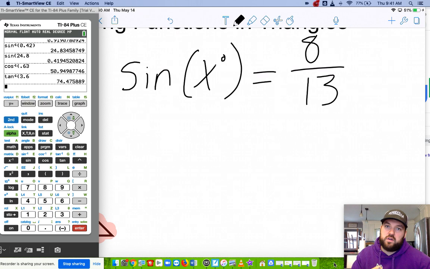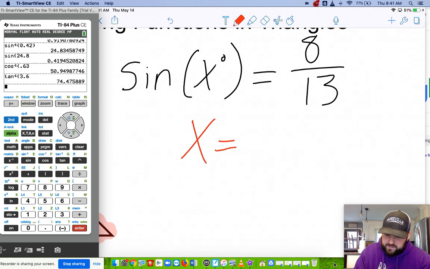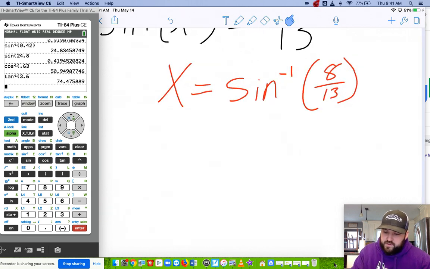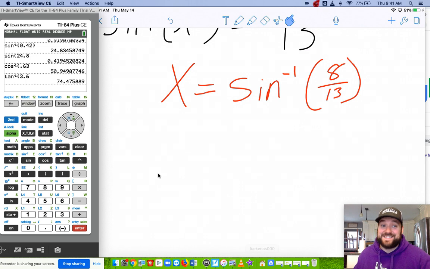Now, instead of turning 8 divided by 13 into a decimal and then trying to round that, I'm going to use the inverse sine to tell me that in order to get x by itself, I need to do the inverse sine of 8 over 13. So I'm going to type that in exactly as it looks.